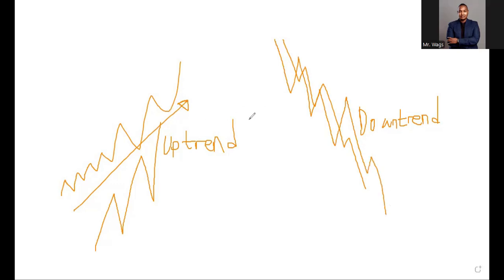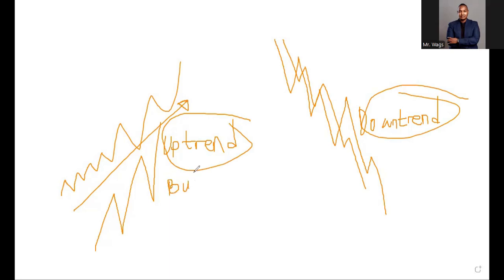So we have other terminologies that would represent an uptrend or a downtrend. So we can also call this a bull market. And we can also call this a bear market.